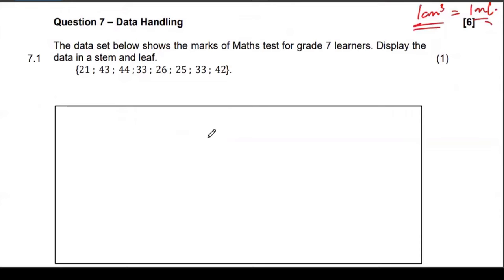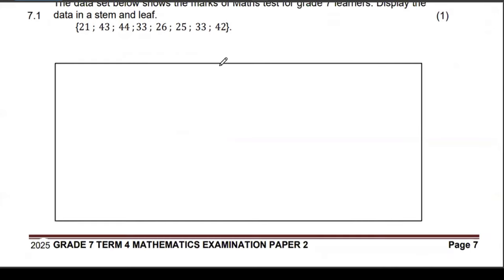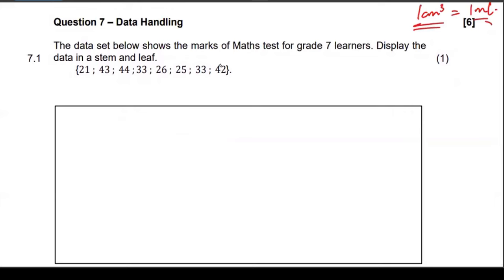All right, question number 7 that talks about data handling. The data below shows the marks for the math test for the grade 7 learners. Display the data in a stem and leaf. So a stem and leaf is basically a representation where we have a stem and these are the leaves. If you're given numbers that have 2 digits, let's say 22, the last number is the leaf.